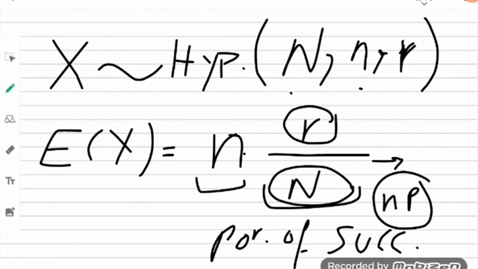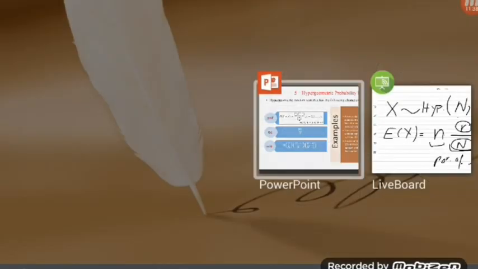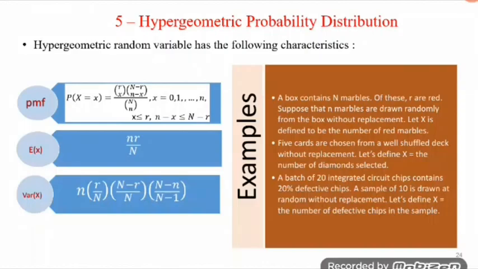Similarly, we can see that the variance is given by this formula, which is again n times the probability of success, and here this is the probability of failure, which is the number of failures, N capital minus R, divided by N capital.